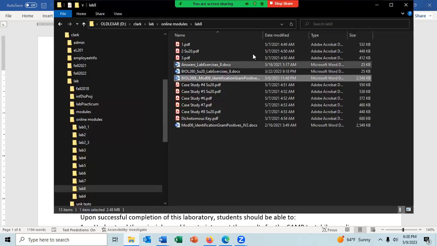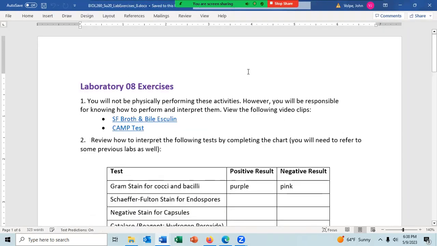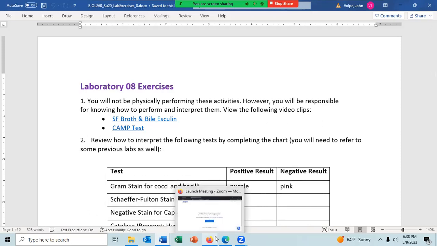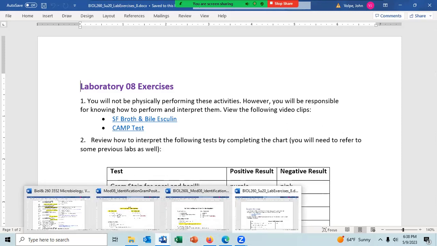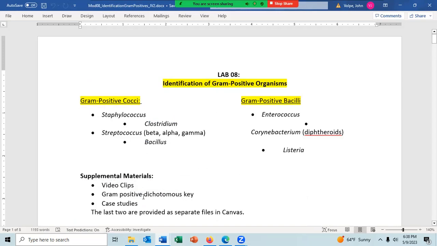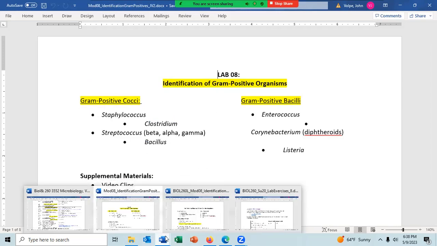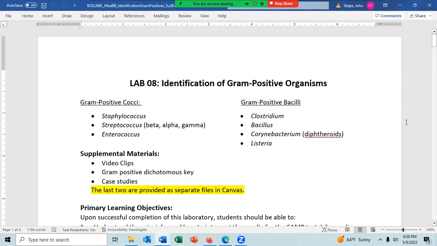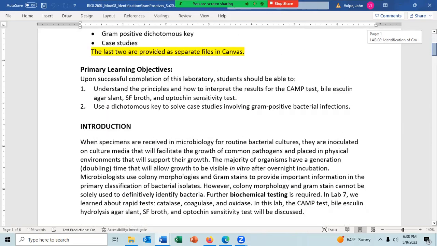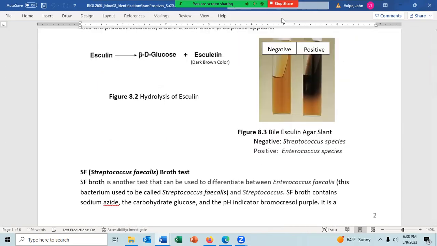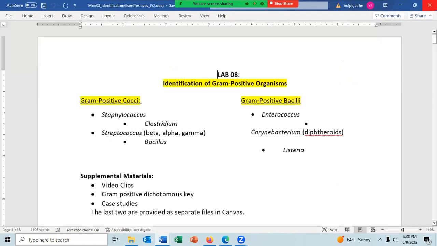Now let's go ahead and open up the exercises. I think that's the one I want, because that one is not going to be highlighted. Yep. So Lab 8, identification of gram-positive organisms.